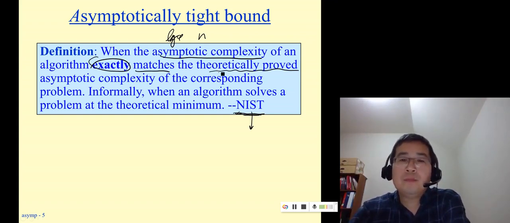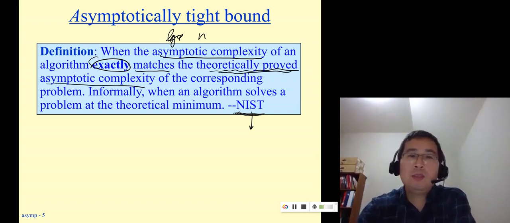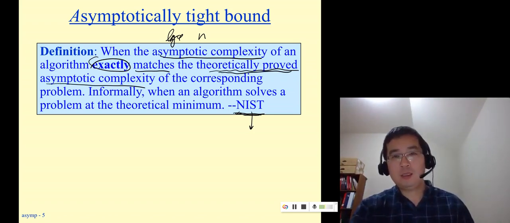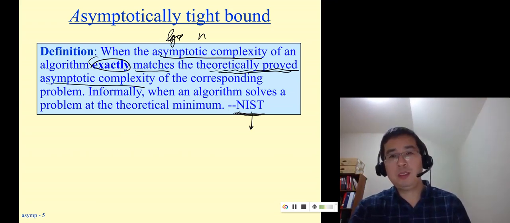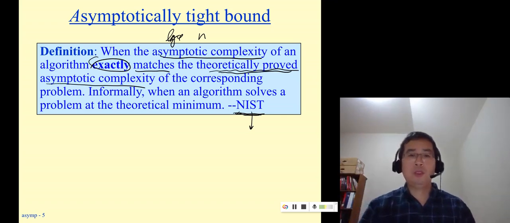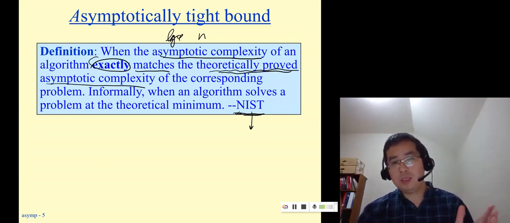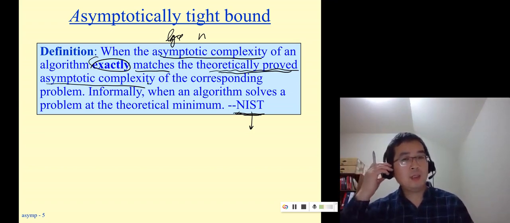Sometimes that means we can utilize this asymptotic complexity to represent the theoretically proved performance. It's not practical performance, it's the theoretical performance, because we didn't implement it using any programming language, on any hardware or any platform.